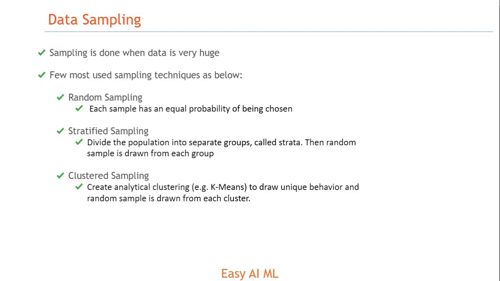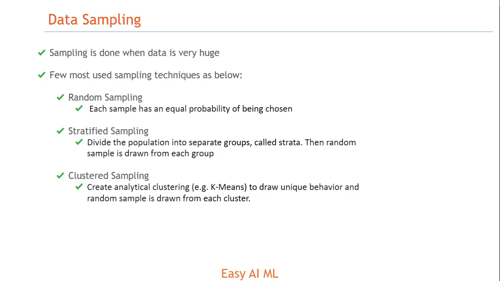The random sample is drawn from each group. So for example, if a population is from a country, then each city can be taken as a strata, and from each city we are going to take a random sample. So this is sometimes called stratified random sampling, which is most used.